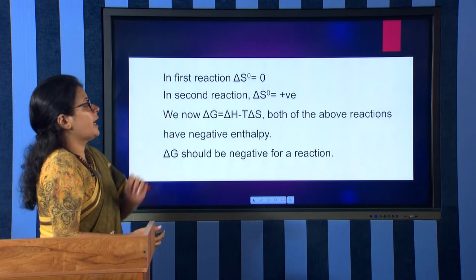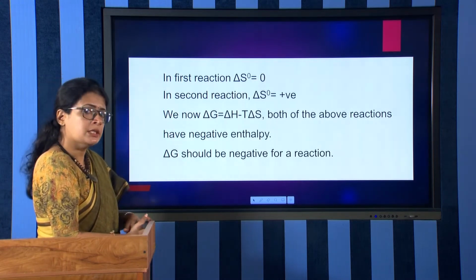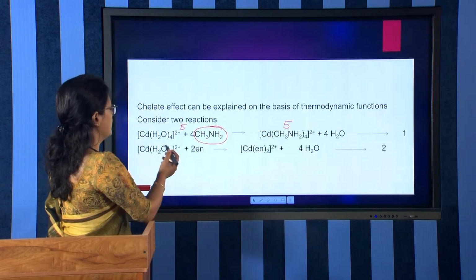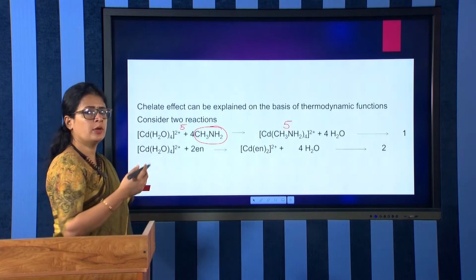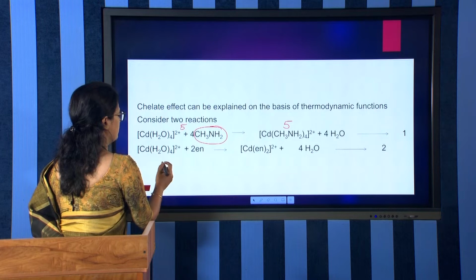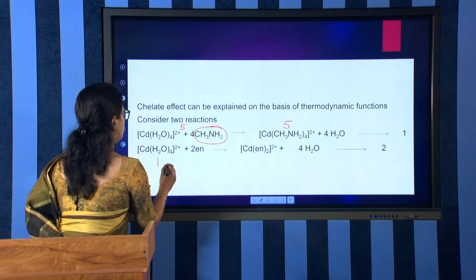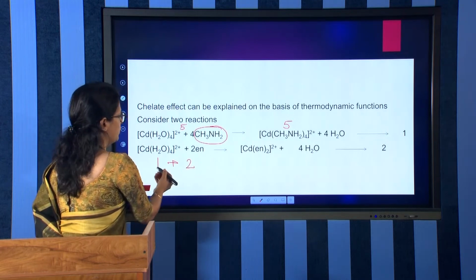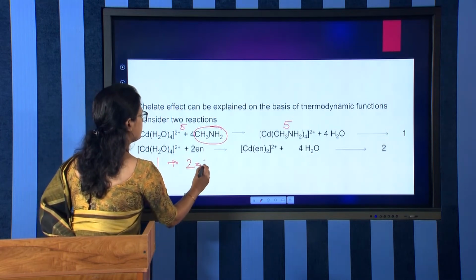But in the second reaction, delta S0 is positive. How did it become positive? Let us have a look. In the second reaction, you can count the number of molecules. 1 complex plus 2 ethylene diamine molecules reacting, 2 plus 1, it is 3.